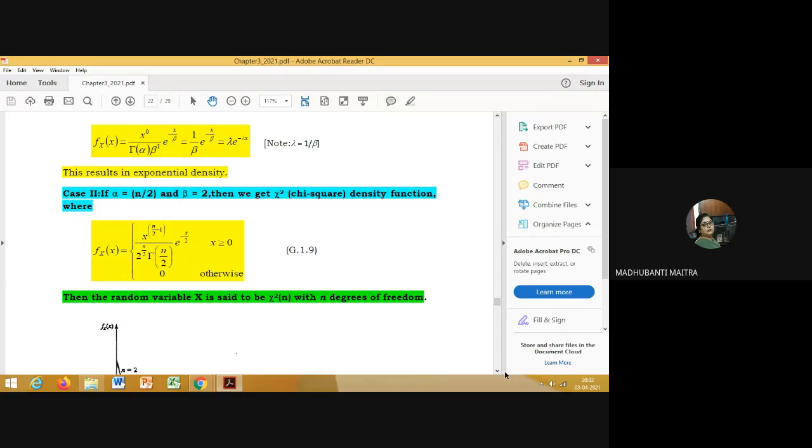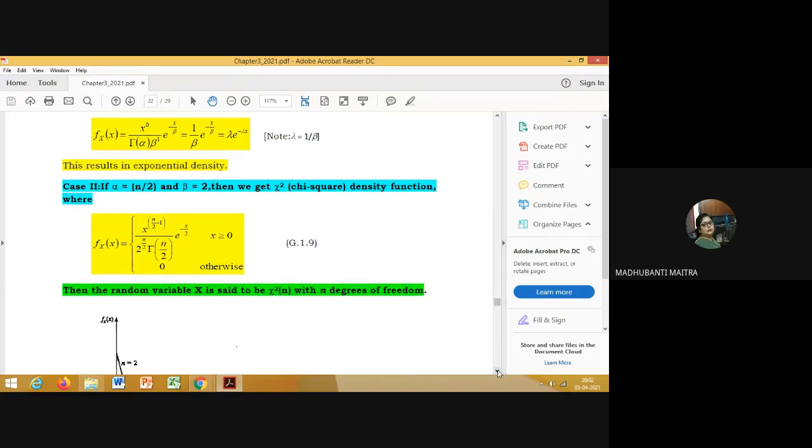So if alpha is substituted by n by 2, we can have different values of n. And if we keep the beta value constant, equal to 2, the density function that we get is known as the chi-square density function.